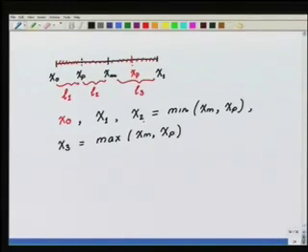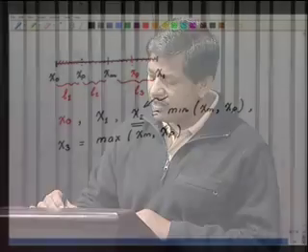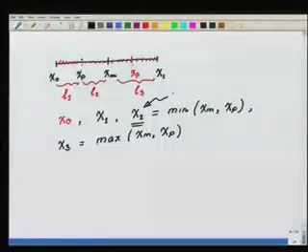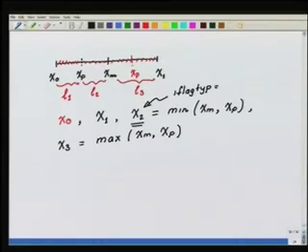When we say x2 is the minimum of xm and xp, along with it we will carry the flag whether this is a material point or it is a point of point load. Let us make that flag. x2 will have an indicator I flag type, which is equal to 1 if this is xm, or equal to 2 if it is xp.